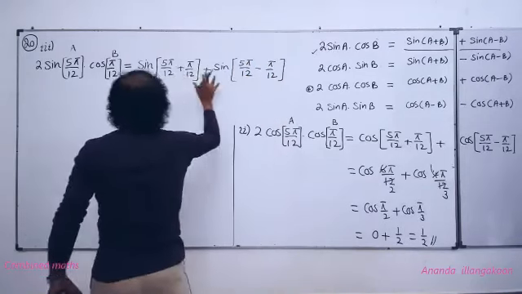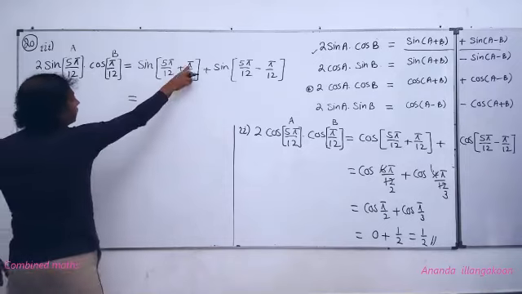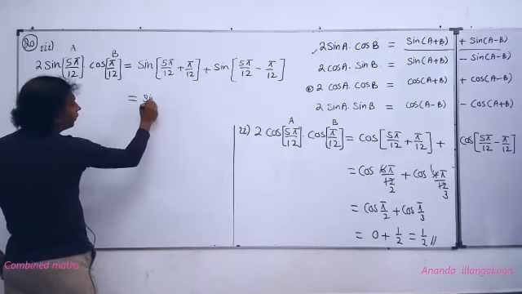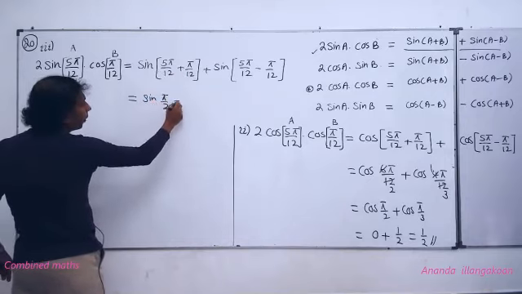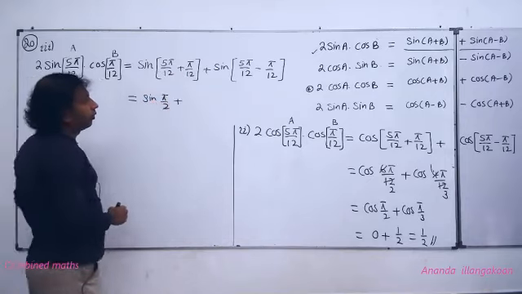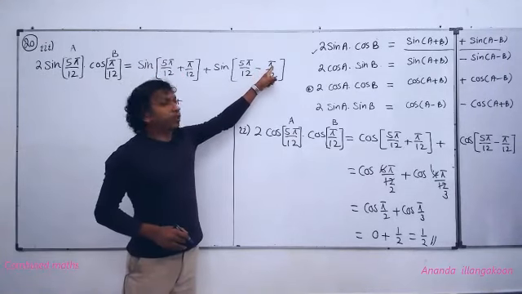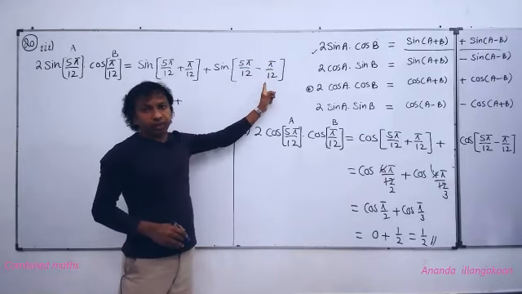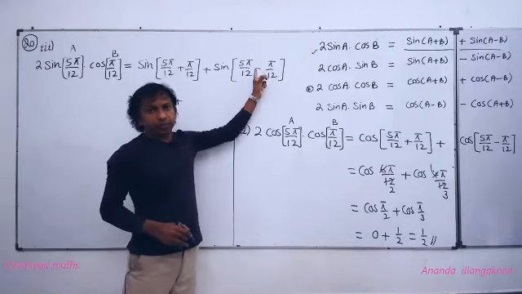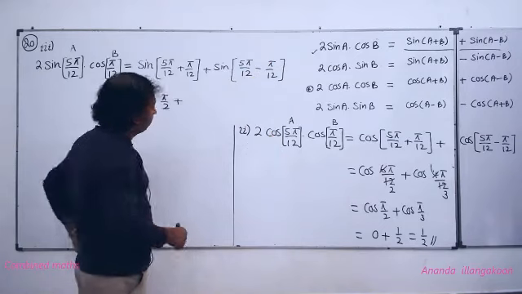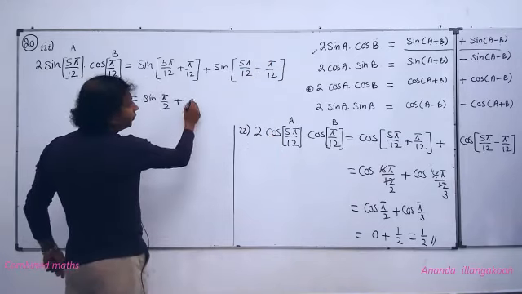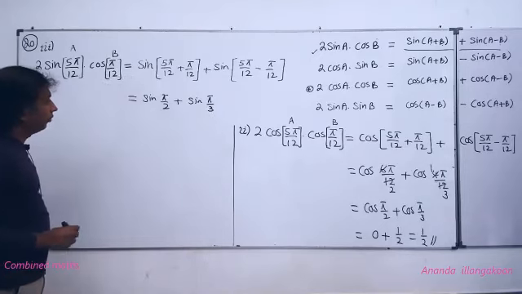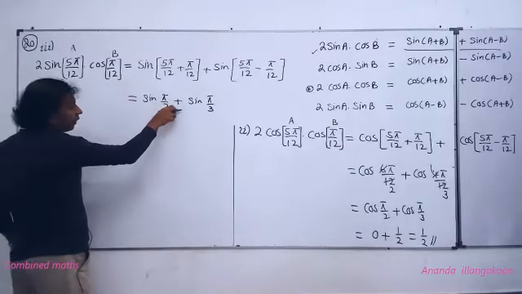Now simplify here. We get 6 pi by 12. Then cancelling by 6, we get pi by 2. Plus here 5 pi minus pi, 4 pi by 12. 4 and 12 we can cancel down. We get pi by 3. Sine pi by 3. People, sine pi by 2 means 90, sine 90 is 1.